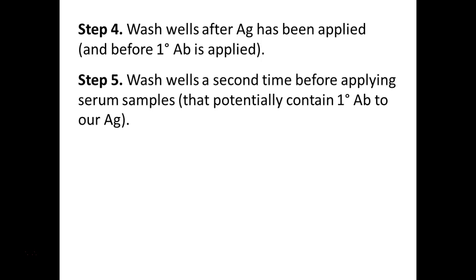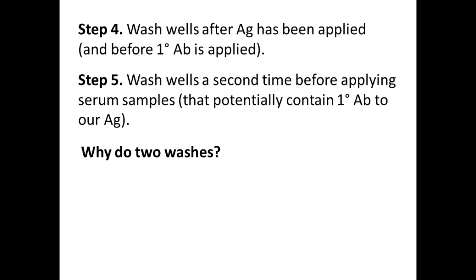And this is going to remove anything that didn't bind, right? Any of the antigen that didn't bind before we do the next step, which is adding the primary antibodies, which is going to be when we're going to follow the code you guys wrote on those tubes. So we're going to wash twice, right? And we'll do that after we talk about this.